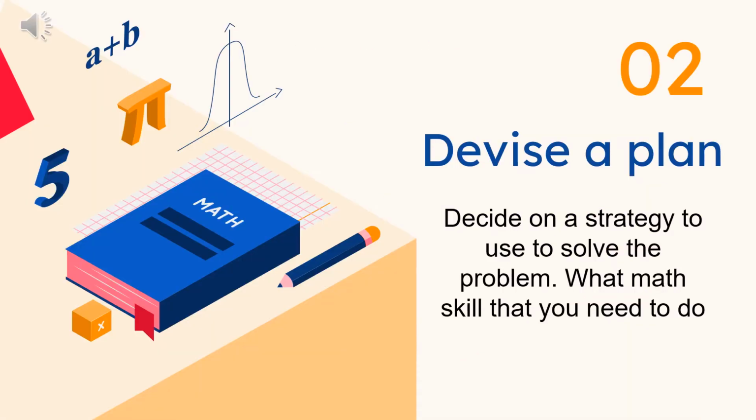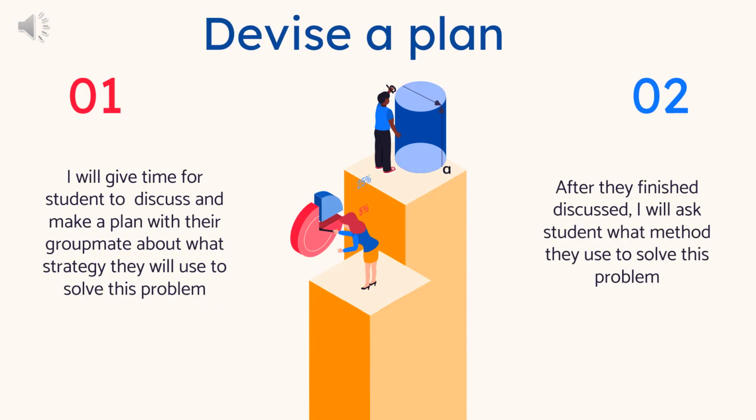Polya's second principle is devise a plan. Students need to decide on a strategy to use to solve the problem and what math skills they need to use. In this step, I will give time for students to discuss and make a plan with their group mates about what strategy they will use to solve this problem.